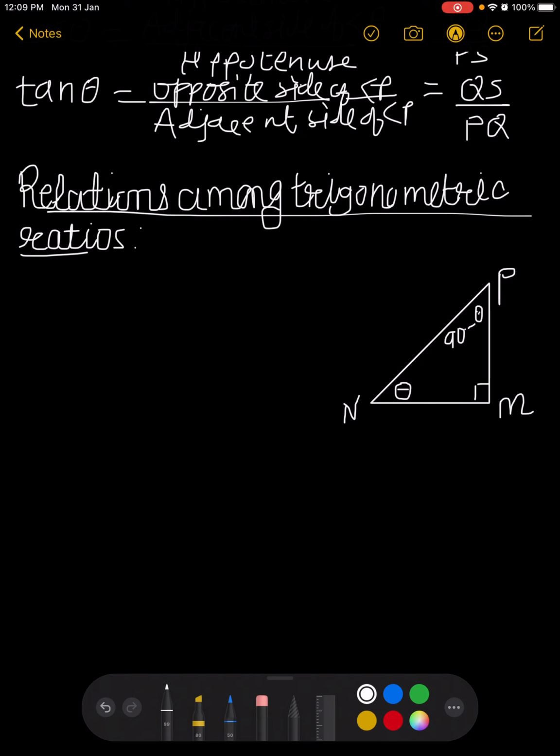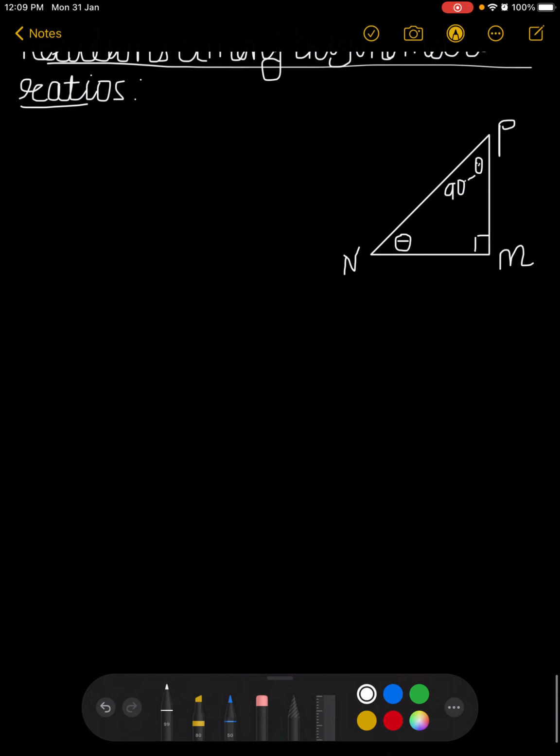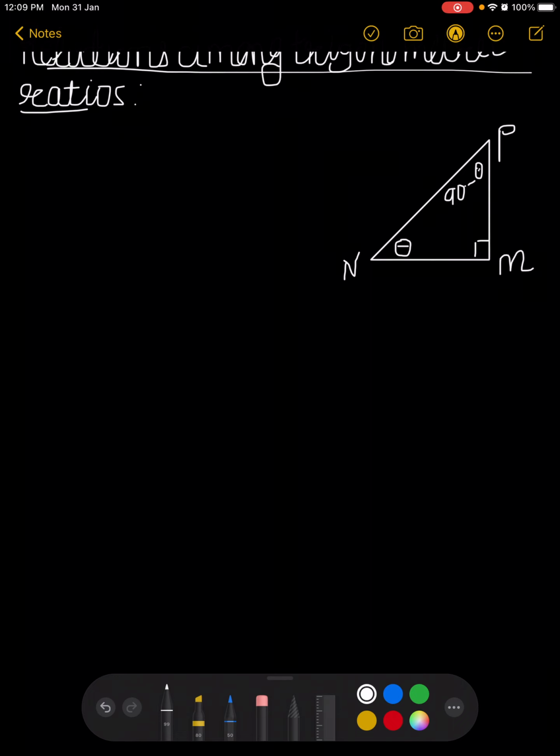What are we going to do now? We are going to calculate ratios for theta and 90 minus theta. Let us start the work now. I am going to write in the beginning ratio number 1, sine theta. For theta, angle N has the measure theta.